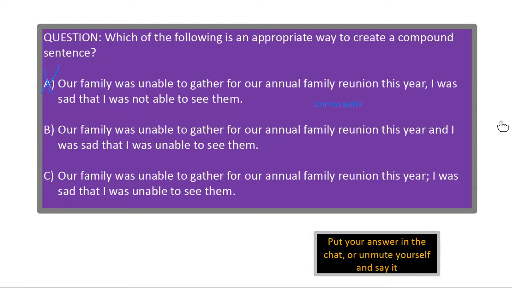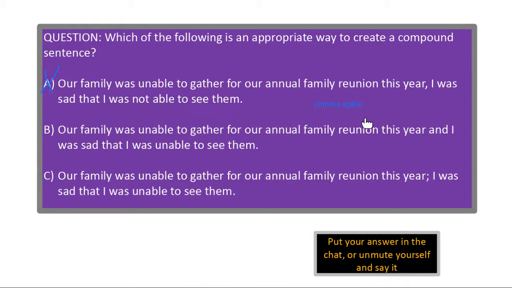Yes, that's exactly right. So this is called a run-on sentence. I see this word "and," which I know is a fanboy, and can be used as a coordinating conjunction. So I'm going to test it.